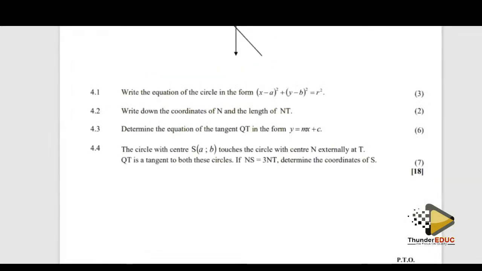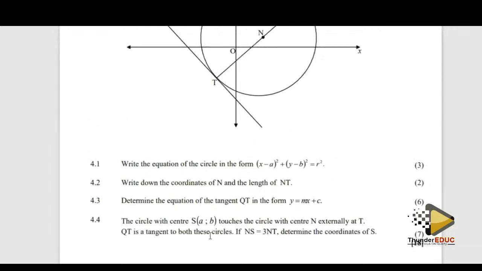Okay, so we have another circle that is touching at T. I don't know whether it's big or small, but it's fine. If this is extended, that's going to be S with A and B. What they are telling us is that this tangent is tangent to both.